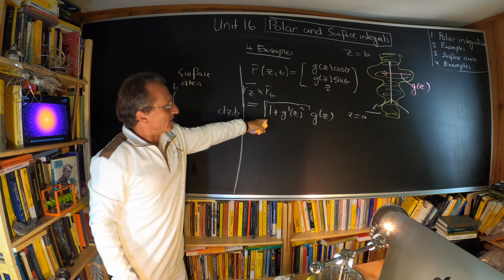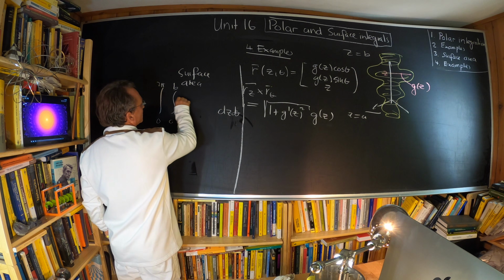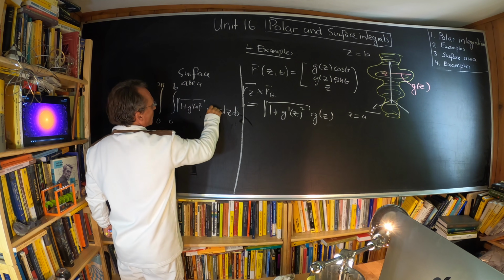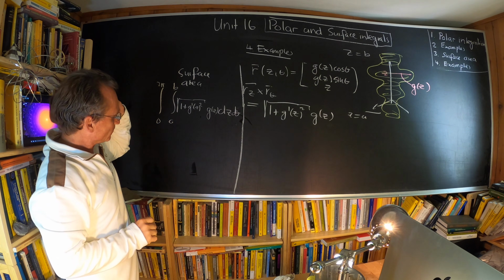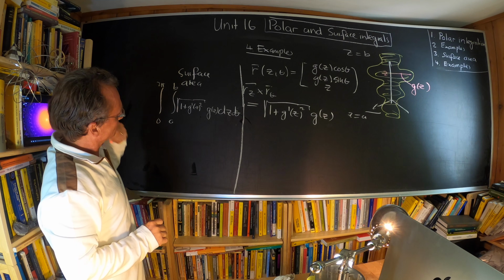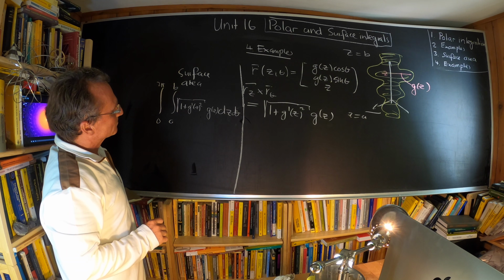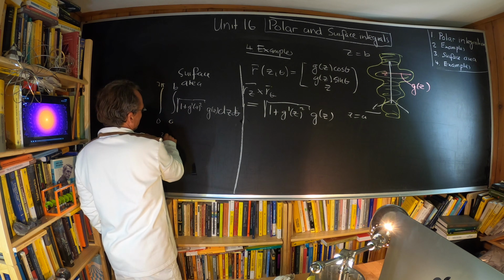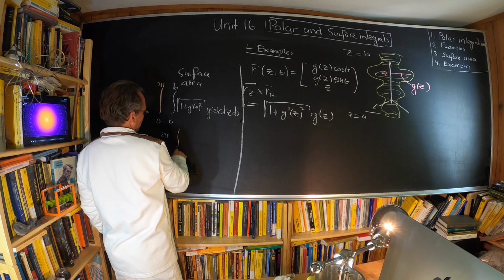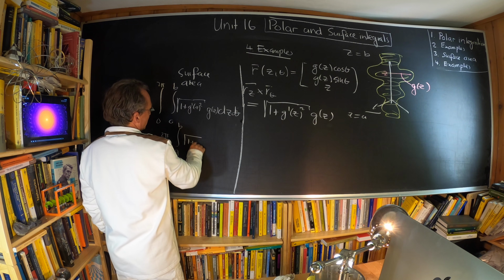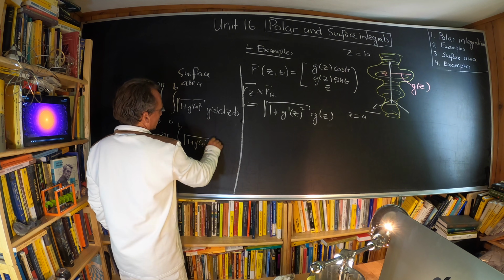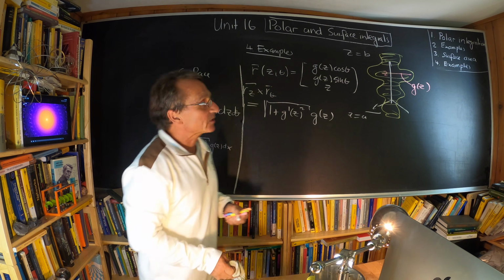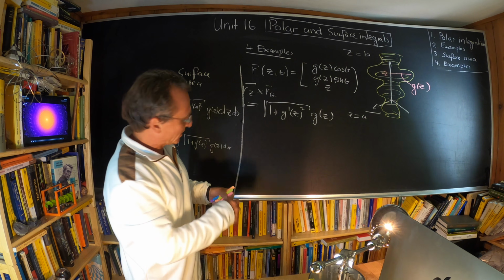And then we have that formula, square root of 1 plus g prime of z squared, times g of z. So that's then just, we can take that out. That's 2 pi integral from a to b of square root of 1 plus g prime of z squared times g of z dz. So that's a surface of revolution formula.